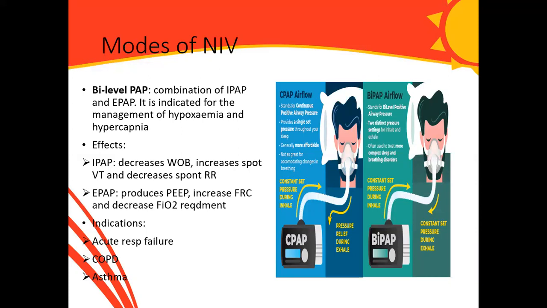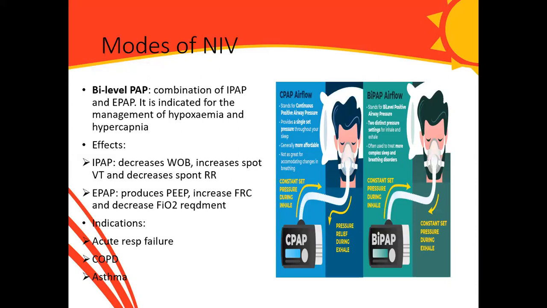We did say that CPAP is indicated for the management of hypoxemia, but BPAP can be used for the management of both hypoxemia and hypercapnia, because it has the inspiratory positive airway pressure and the expiratory positive airway pressure. Initially, you want to give the expiratory positive airway pressure between 4 to 6. All right, and as you go on, you want to increase it as the patient tolerates it.